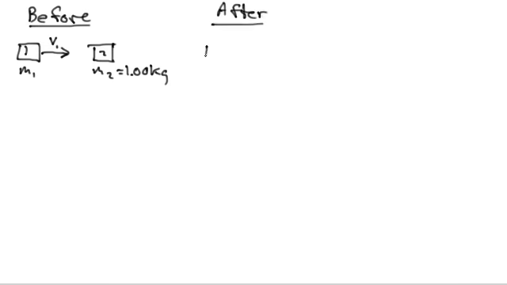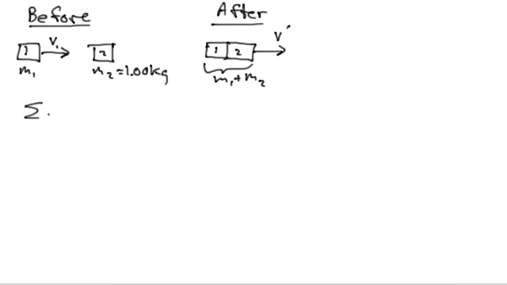We've got the two of them stuck together, sliding off as 1 with a velocity I'll call v prime, and the final combo object has a mass of m1 plus m2.